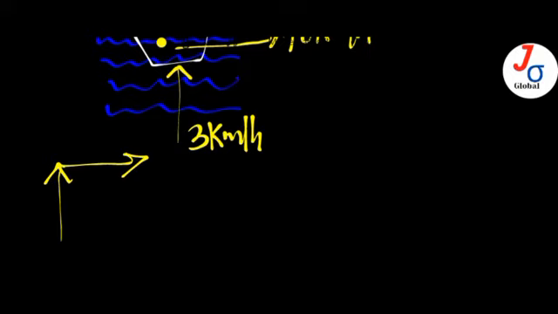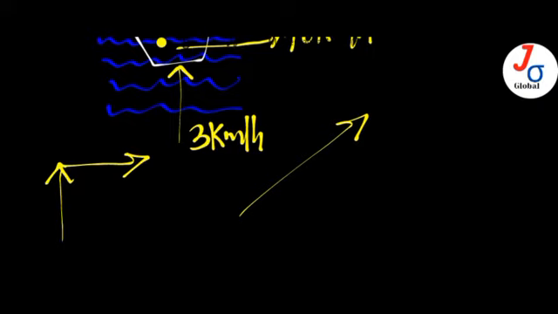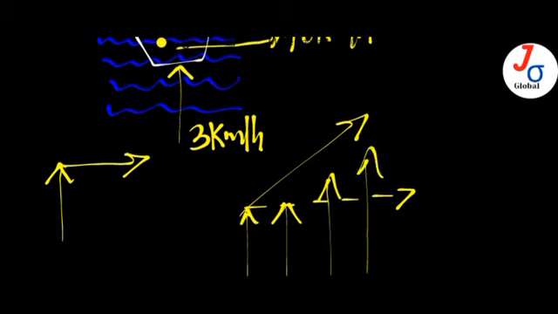The boat is going to be moving at an angle, probably like this, because the river is flowing in this direction. So it's going to be changing its position. As it's moving, the river is pushing it, so it's changing direction. All right, so the resultant is going to be like this.